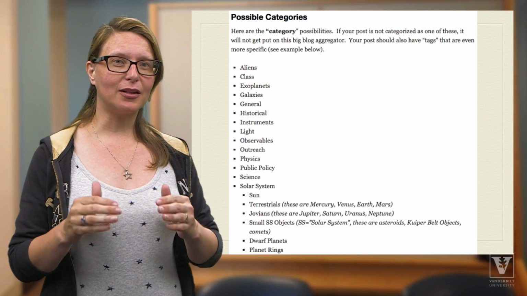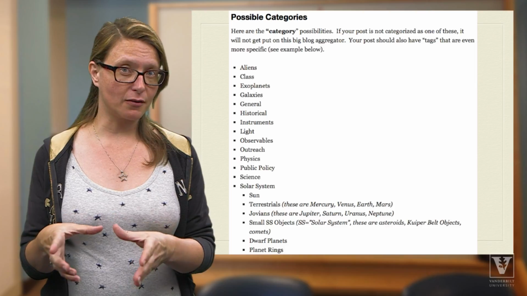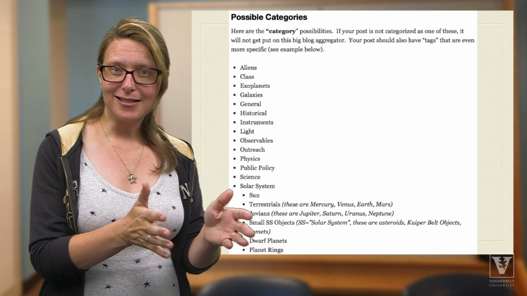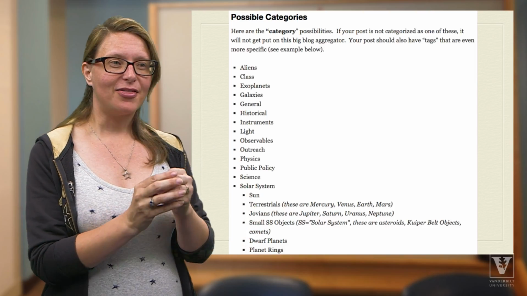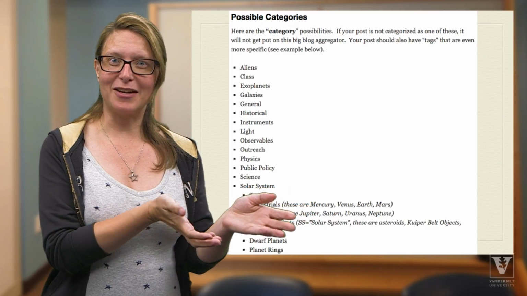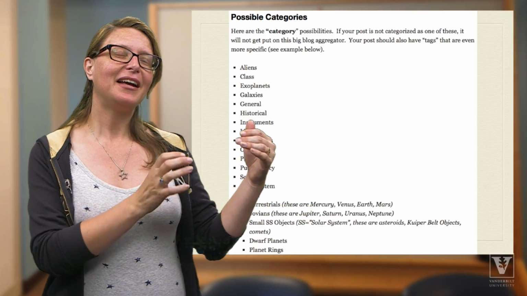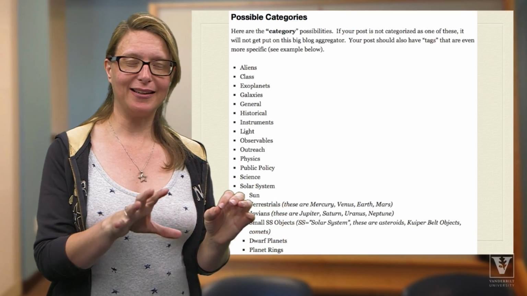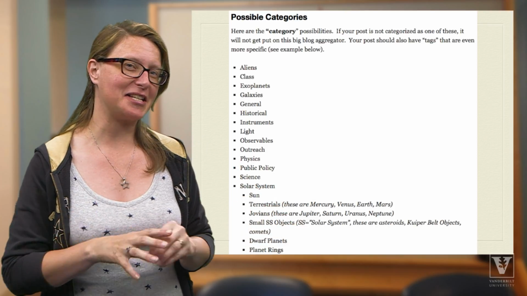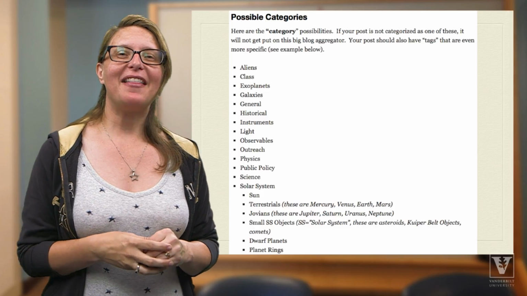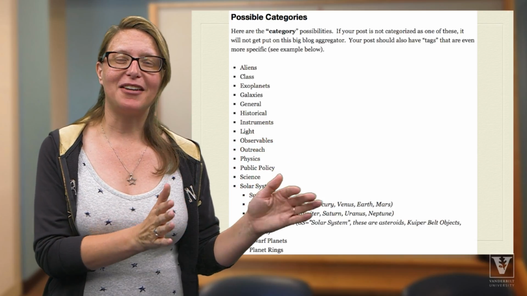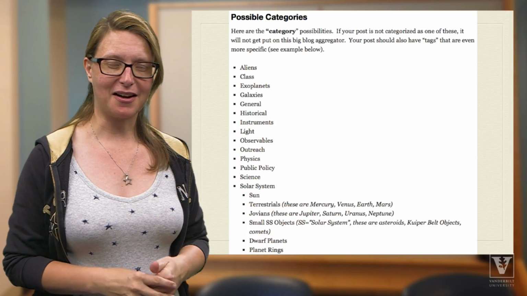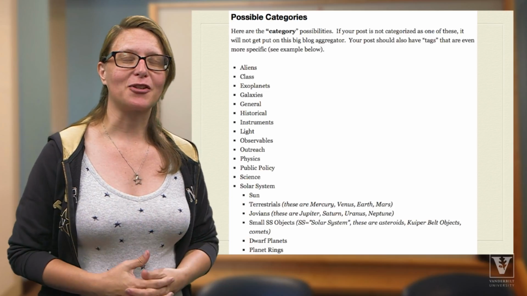The units were naked eye observing, then light and telescopes, then terrestrial worlds and planet formation, then the giant worlds and solar system debris, kind of like dwarf planets and asteroids. The last part was life in the universe, the ending bit of the course.